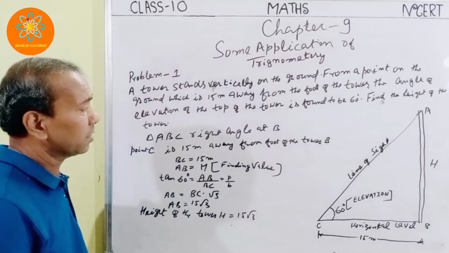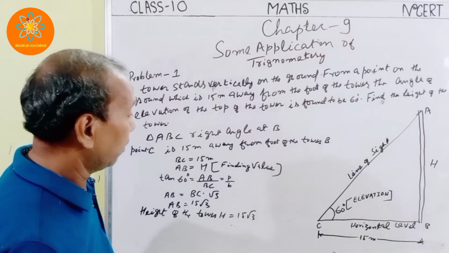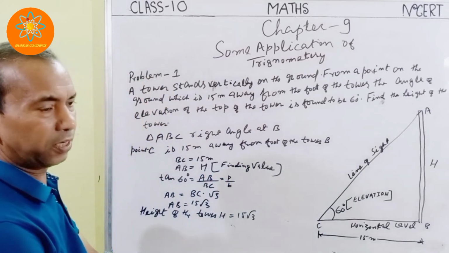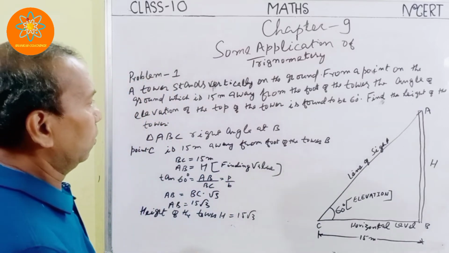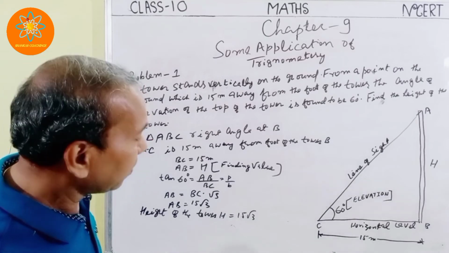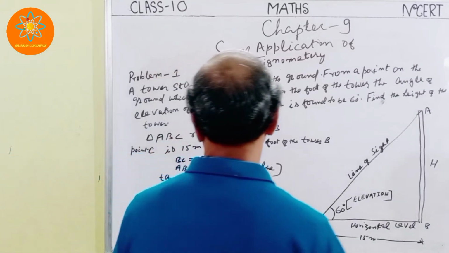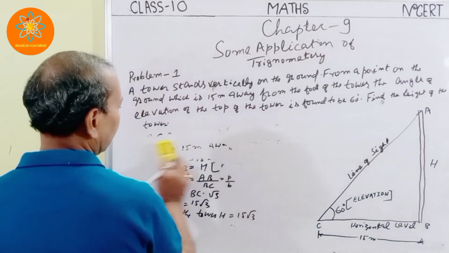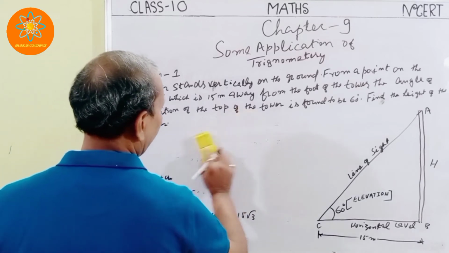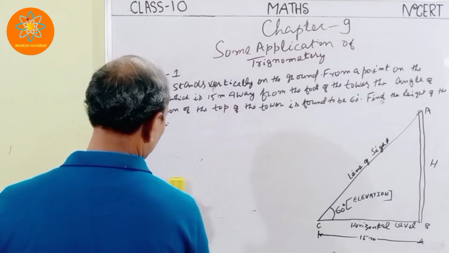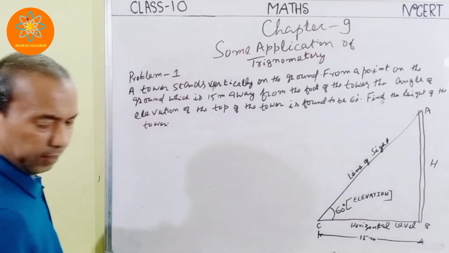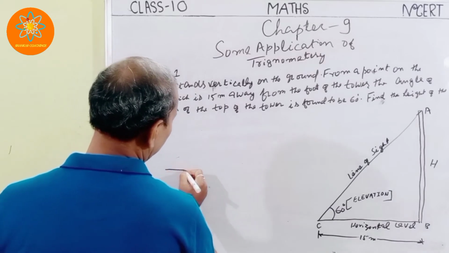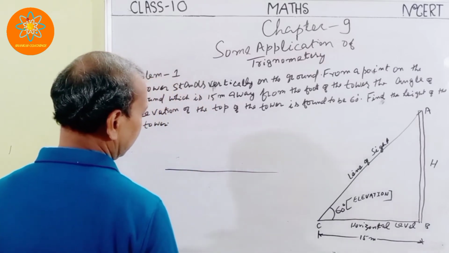Okay. Yes. Basically, there is a confusion between elevation and depression. So how we will differentiate this elevation and depression? Okay. So this is the horizontal level.